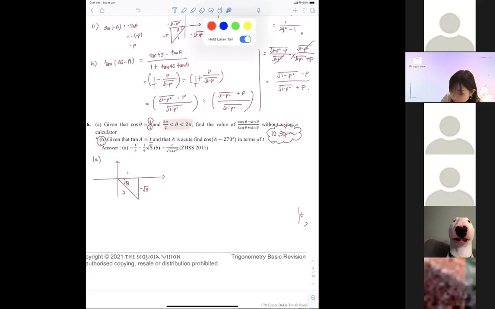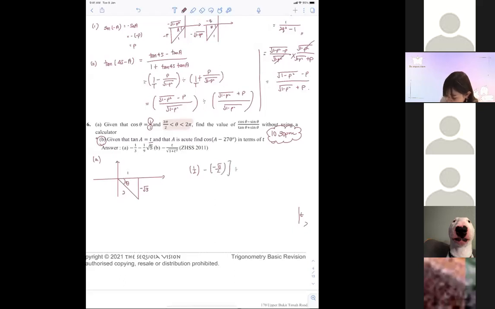Since we know that every one of them will be a fraction, this longest line I change to divide. So cosine theta is A over H. Sine theta is O over H, so minus square root 3 over 2.